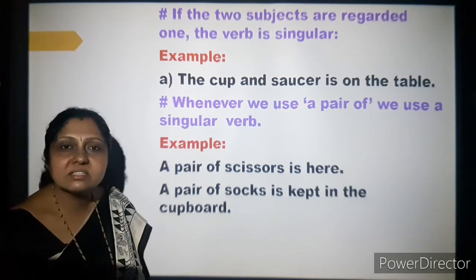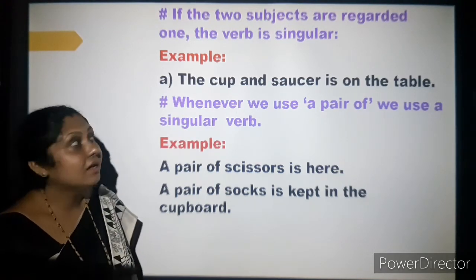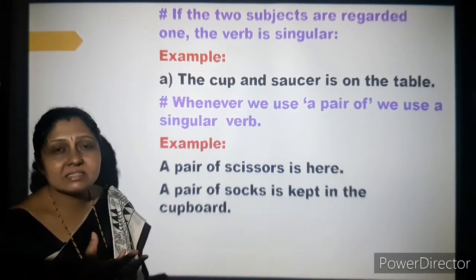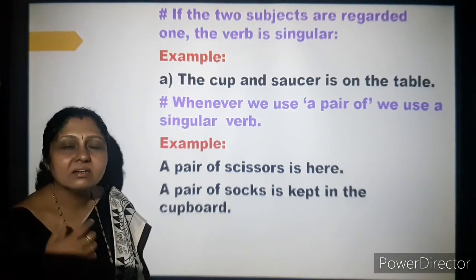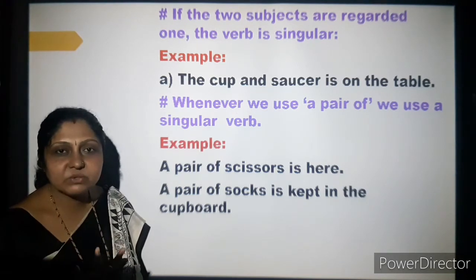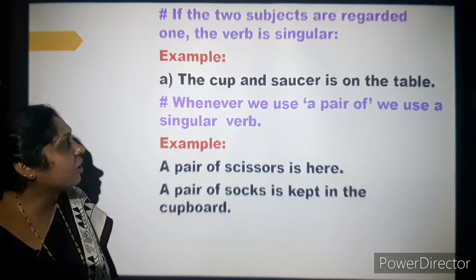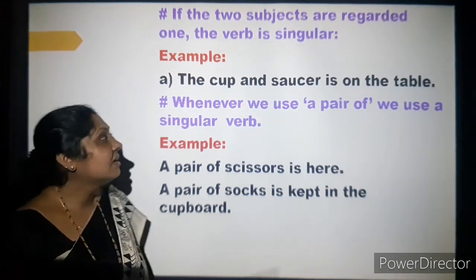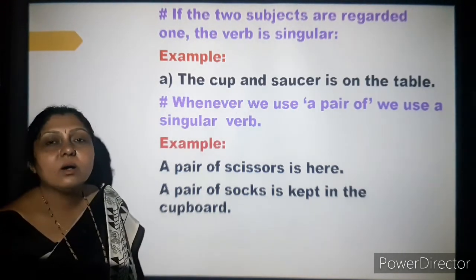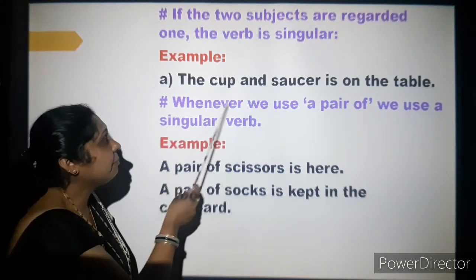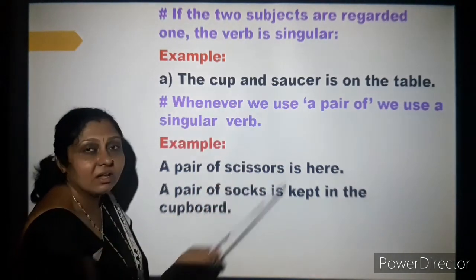The cup and saucer is on the table. They are called word pairs which are used in our language when we speak or even in your written language. So they are joined words or pair words, or you can also call it a proper combination of words. The cup and saucer is on the table.